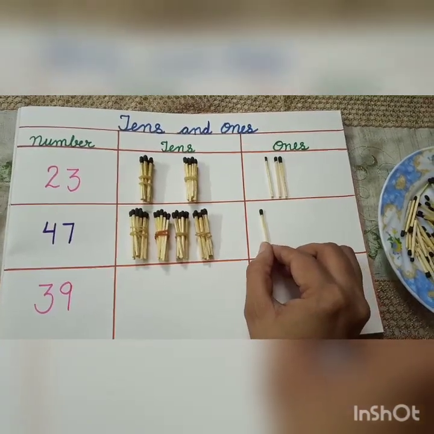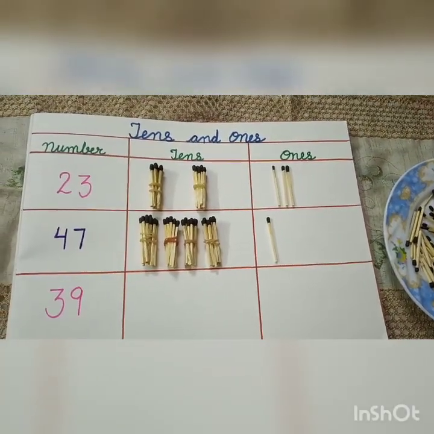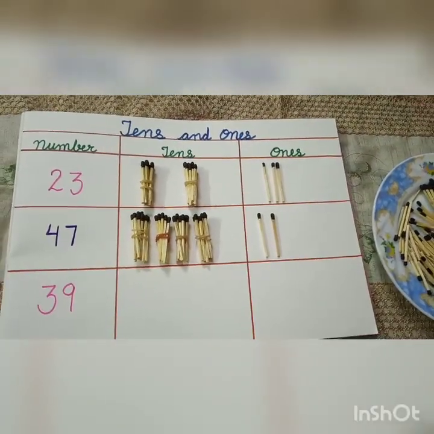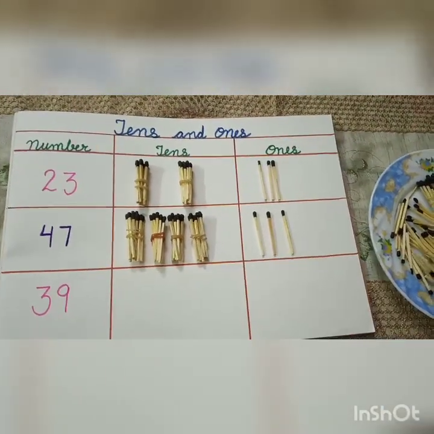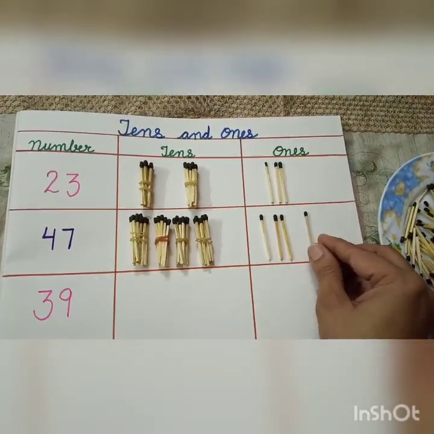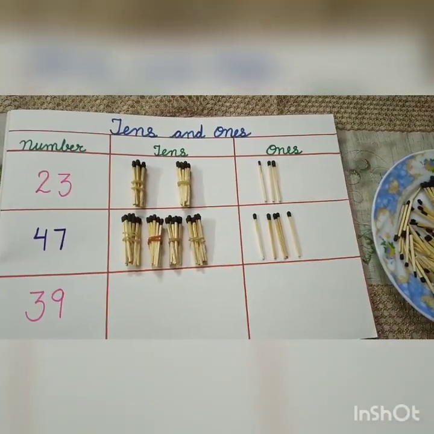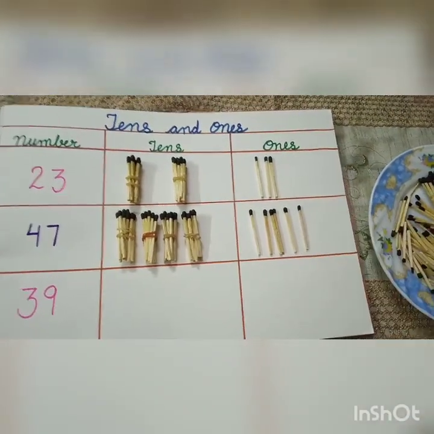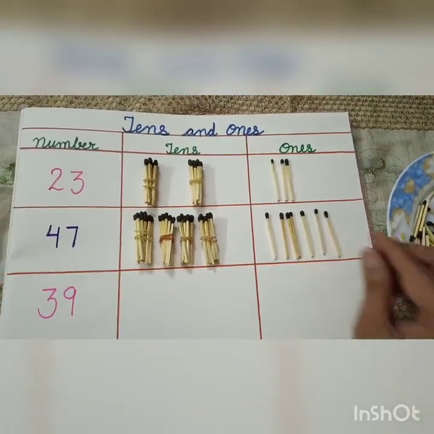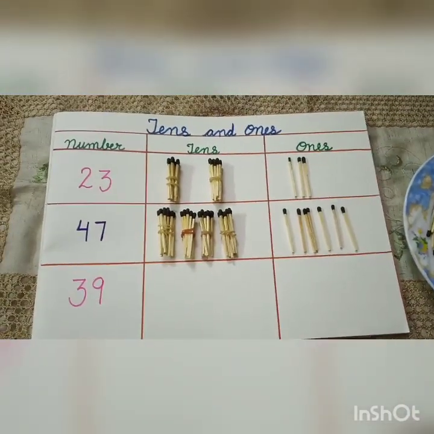So 1, 2, 3, 4, 5, 6 and 7. Now can you see?